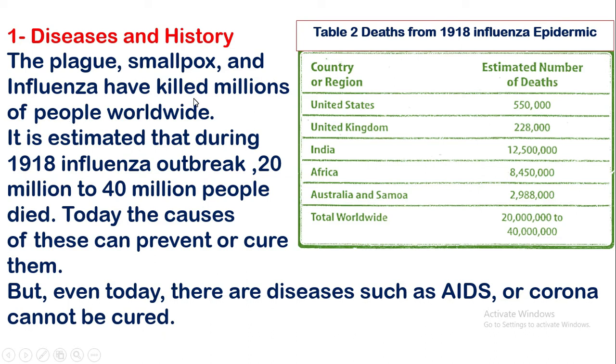There are many people around the world, in many countries like the United States, United Kingdom, India, Africa, Australia, and many people were killed because of the influenza. But not only influenza, plague and smallpox also can kill millions of people worldwide. It is estimated that during the 1918 influenza outbreak, 20 million to 40 million people died.